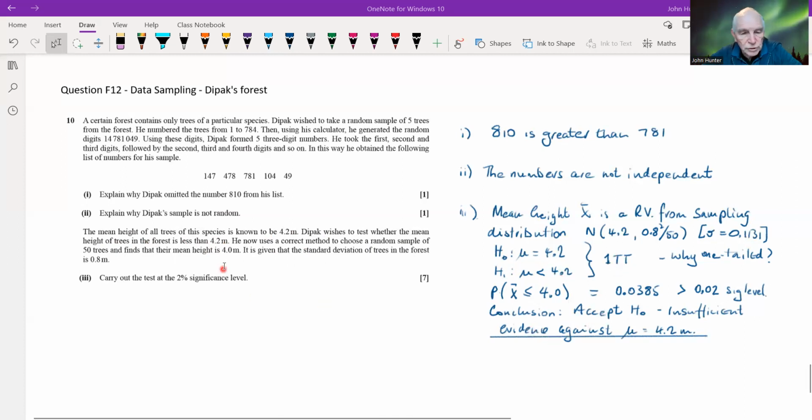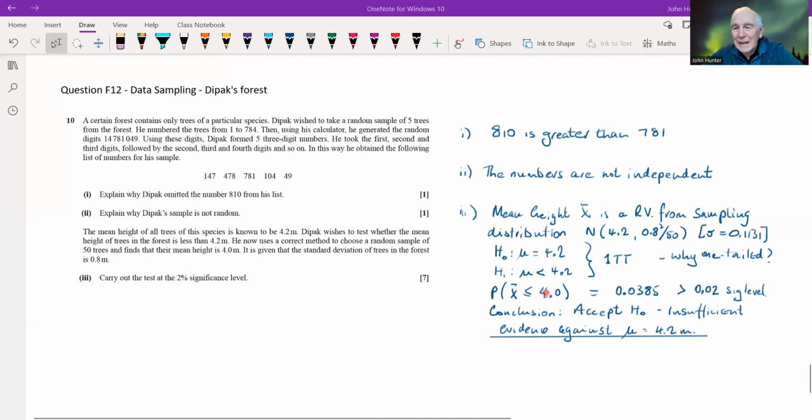Okay, so our actual sample has a mean of 4.0. That's our test statistic from this sampling distribution, and given this distribution, we can plug this into our calculator and look up the probability that the random variable is less than or equal to 4, so we have to consider the whole tail of the distribution.